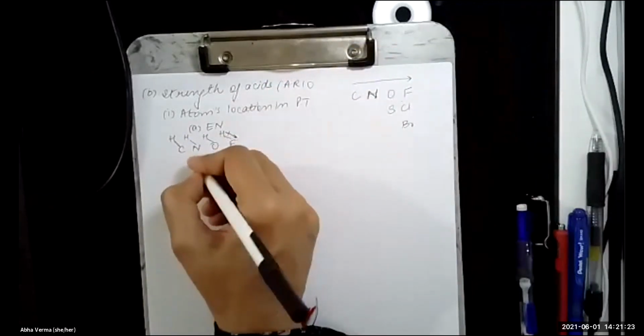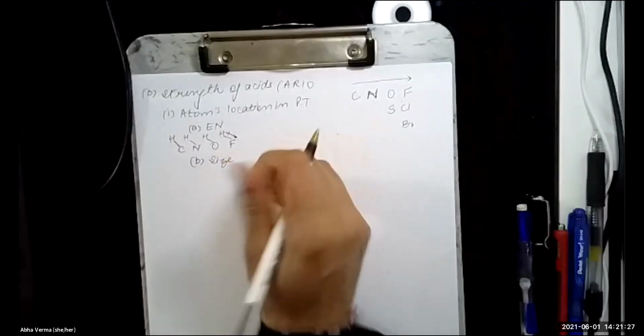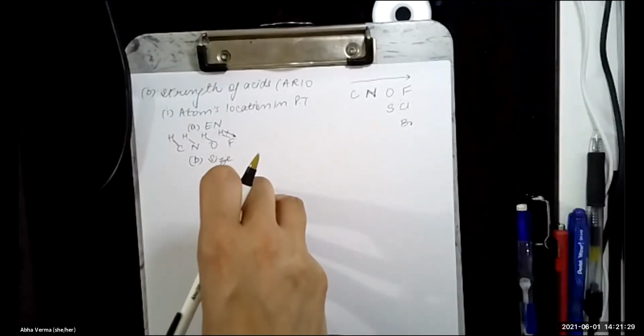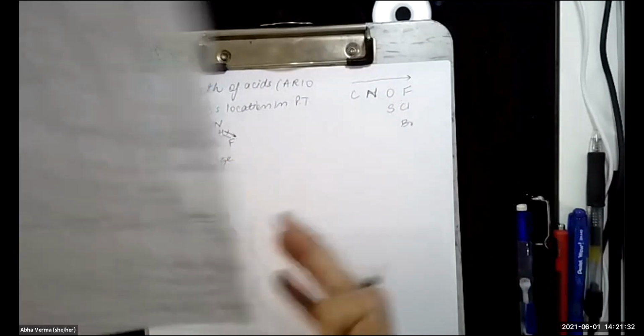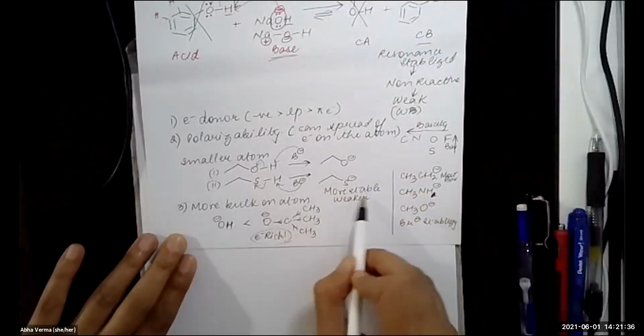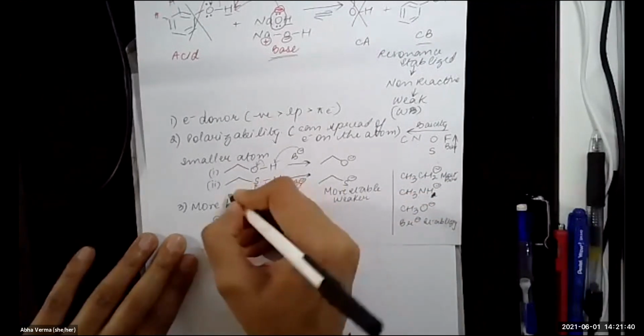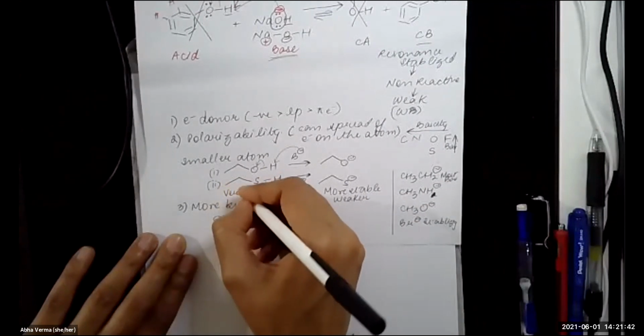The second thing that we look at in the atom's location is the size. And we just saw the size effect. As you go down, the acidity increases. If this is more stable, its corresponding starting acid would be very reactive.